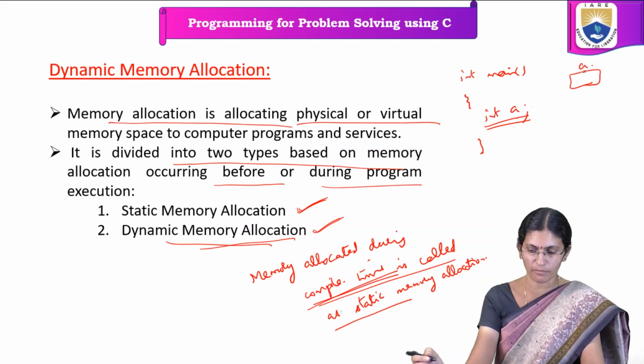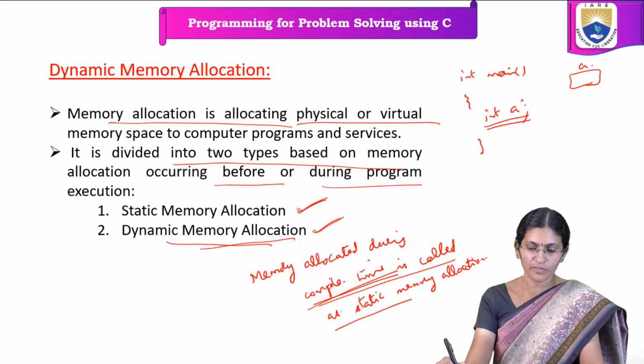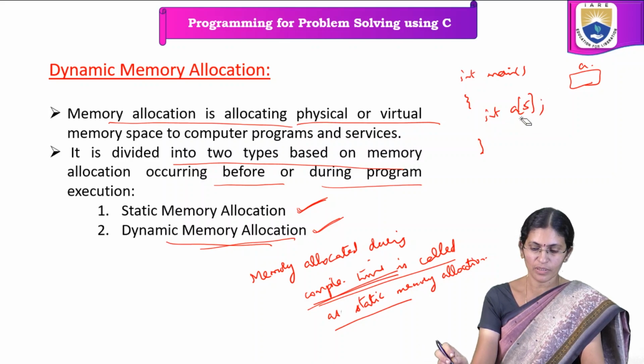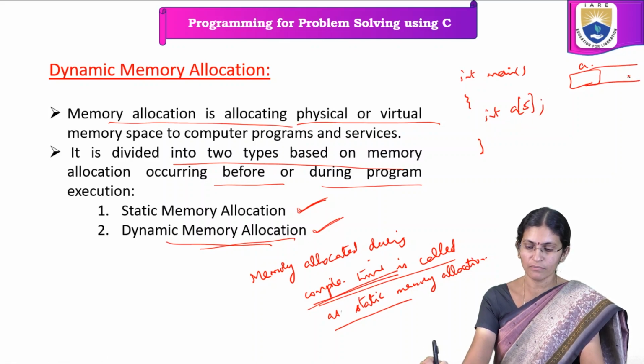Now suppose we declare an array whose size is 5. Memory is allocated for 5 elements of the array. So the memory which is allocated is given by 5 into 4. This 4 depends upon the size of integer.